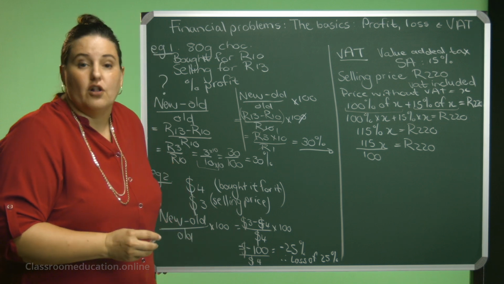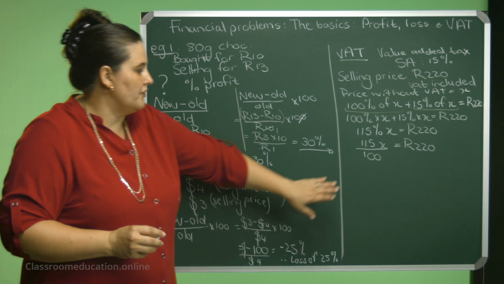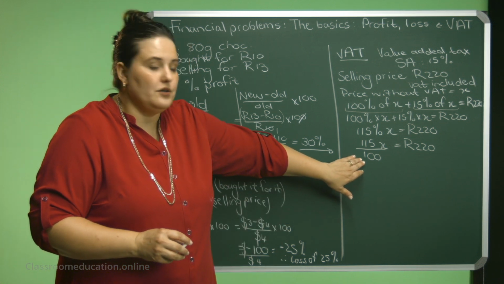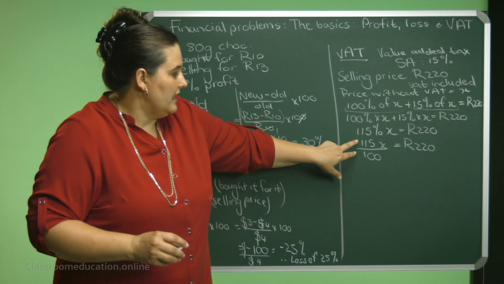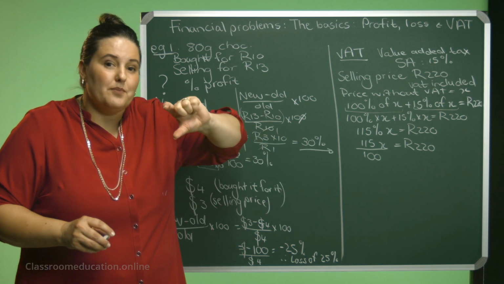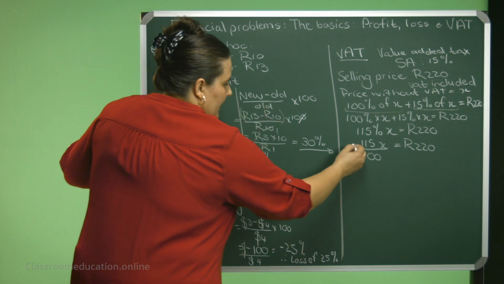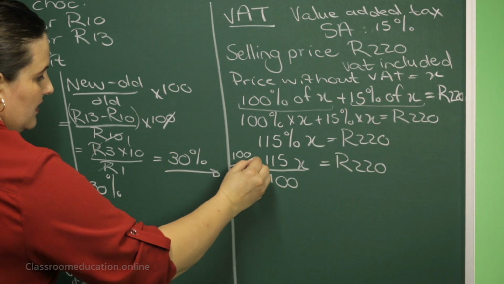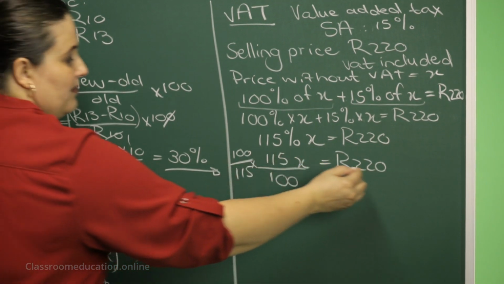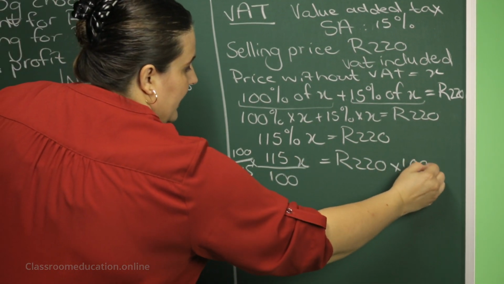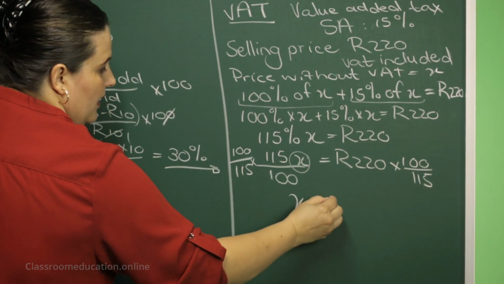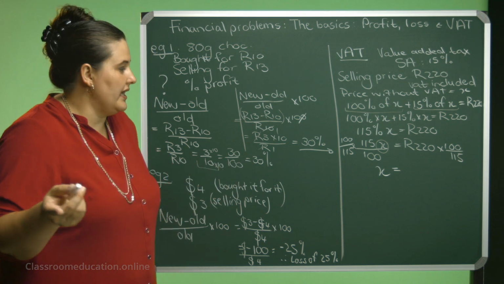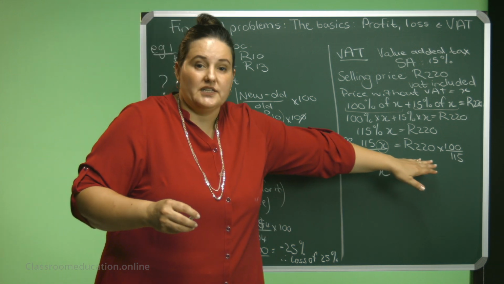Now you need to solve for X. So you need to get rid of the 100, actually the 115 divided by 100. To get rid of this, we multiply by its reciprocal. So I can say times 100 divided by 115, but I need to do it that side as well. Now I have my X alone. And once you have your X alone, you can use your calculator to determine that.